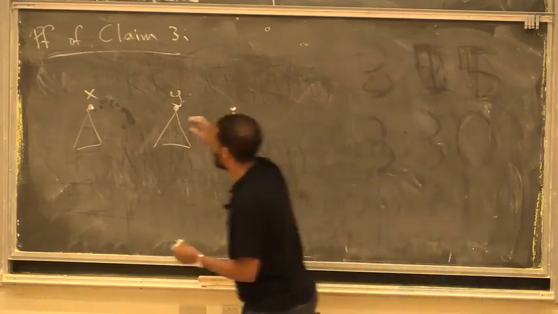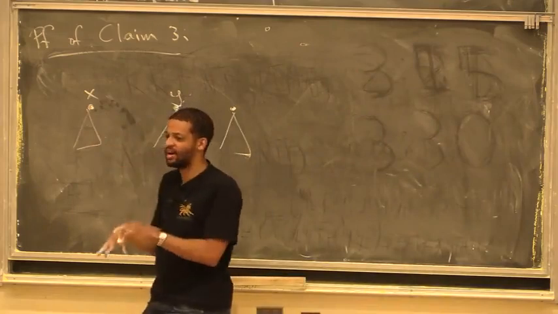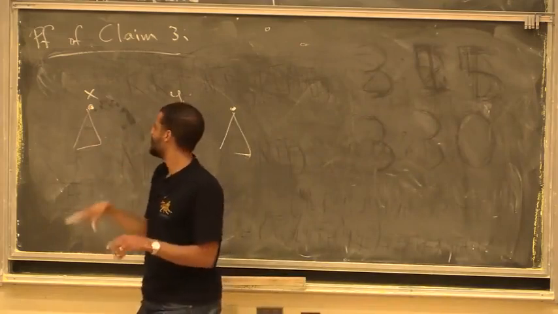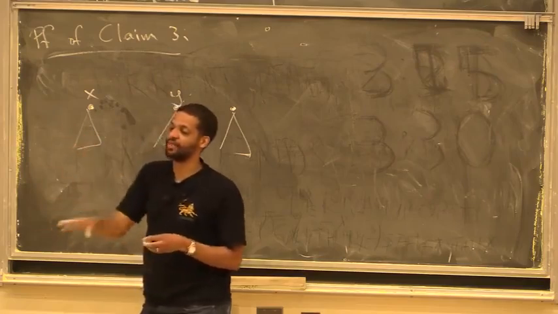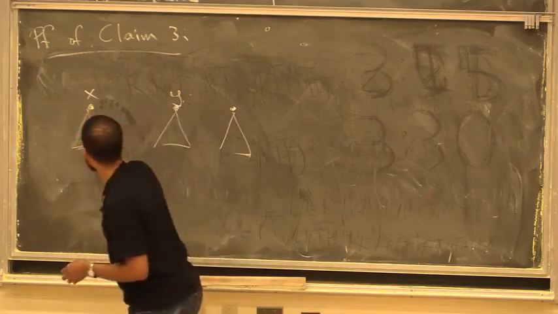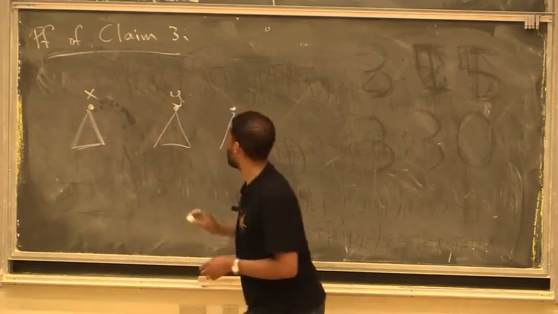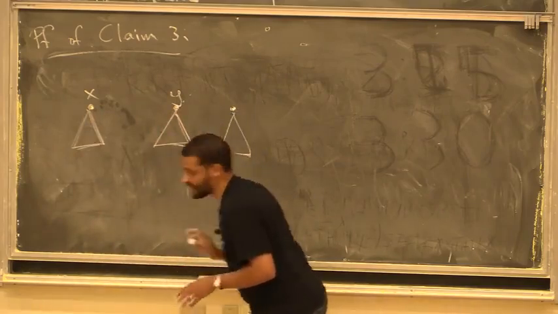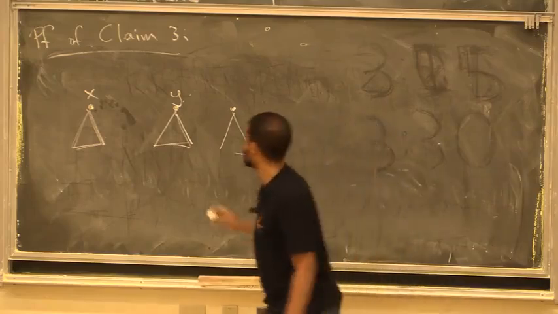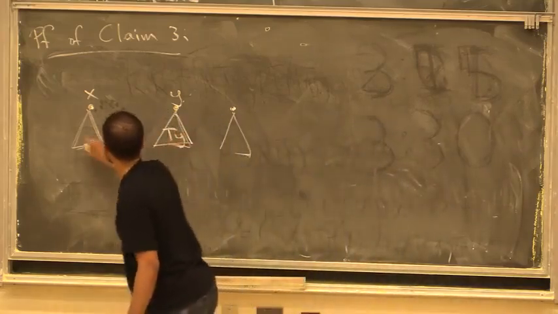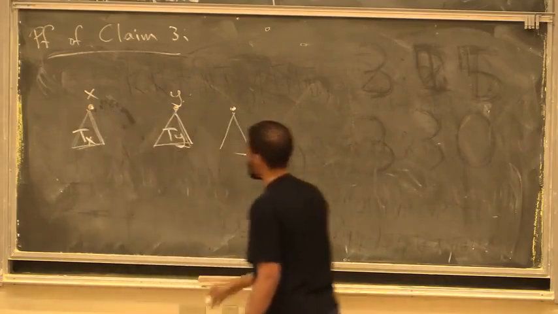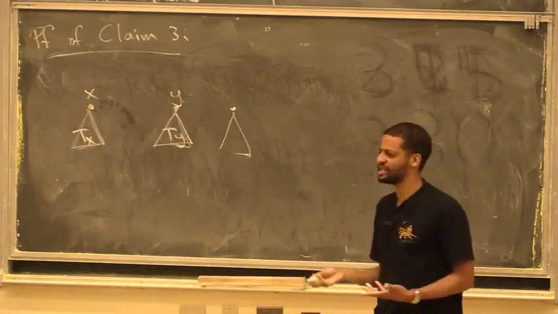So let's look at what was X's tree, not right now, but at the time that it became rank k. So this is X's tree at the time it became rank k. And this is Y's tree at the time it became rank k as well. So this is tree Y, and this is tree X. And one of them had to become rank k first, right?